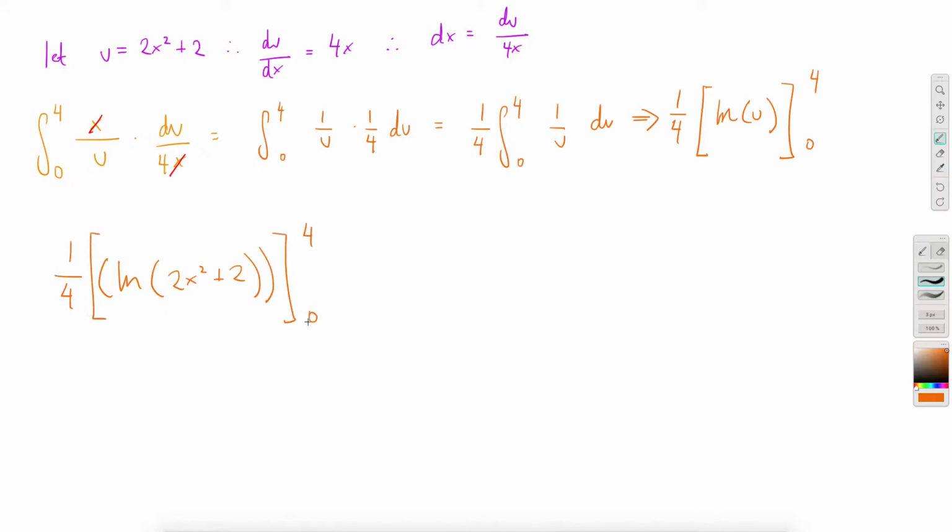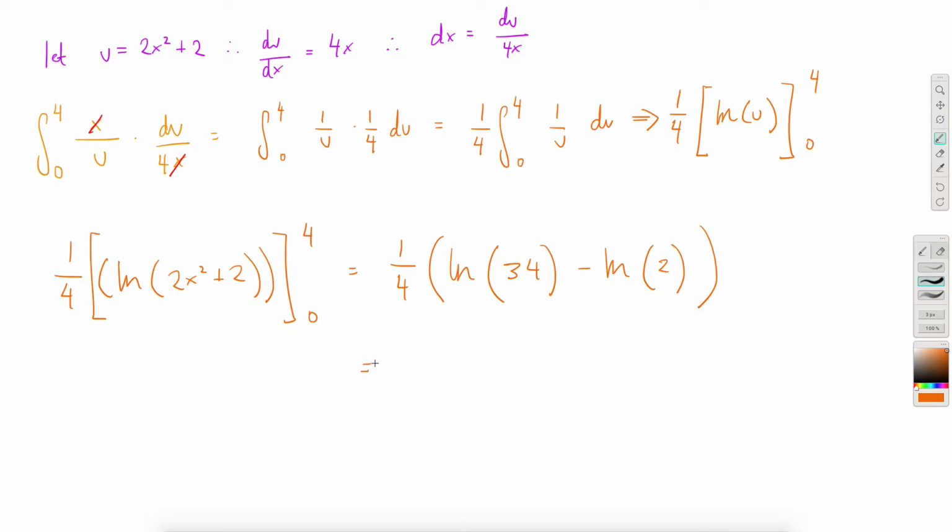4 and 0. So this is going to be 1 over 4 ln, 4 squared is 16, 16 times 2 is 32, 32 plus 2 is 34. It's going to be 2, because you're going to put 0 there, that's going to go away, you're just left with 2.